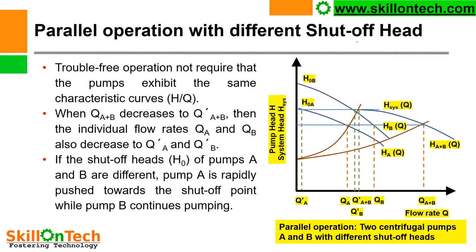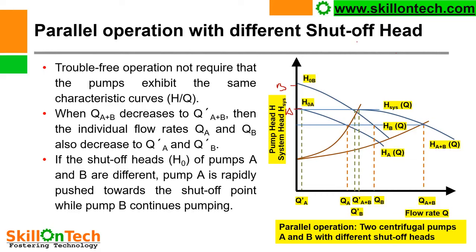Parallel operation with different shut-off head. Here you can see in the picture that two pumps are installed in parallel with different shut-off heads. This is pump A with shut-off head H0A, and this is pump B with shut-off head H0B. In parallel operation of centrifugal pumps with different shut-off heads, operational care is required to make them trouble-free.